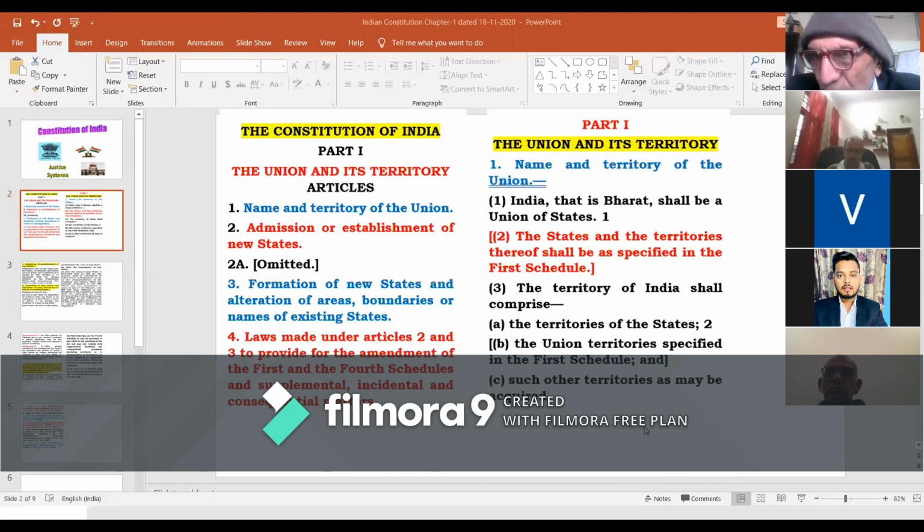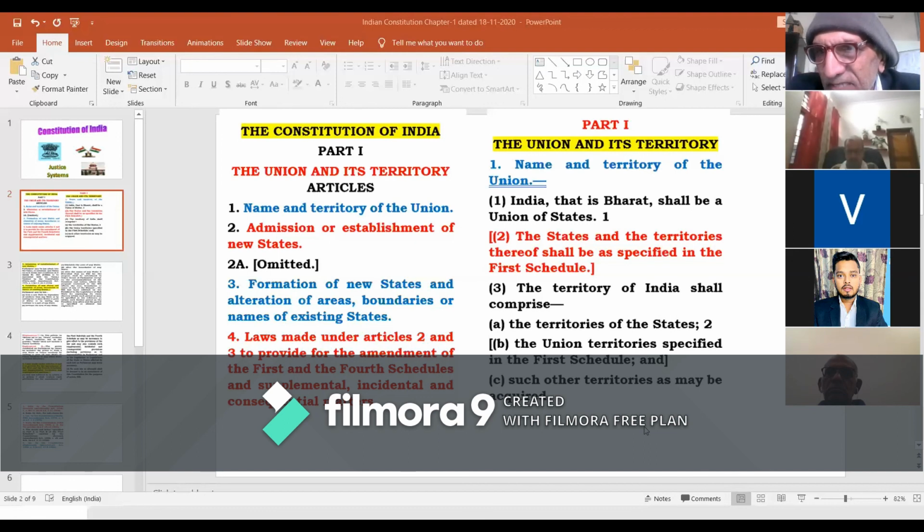And if it is so, whether those acquired territories by natural causes as well have to be specified in the first schedule.